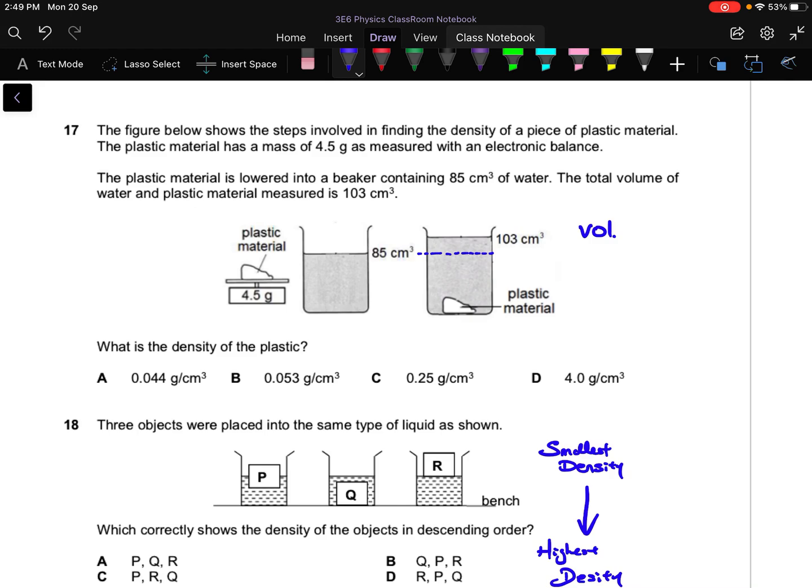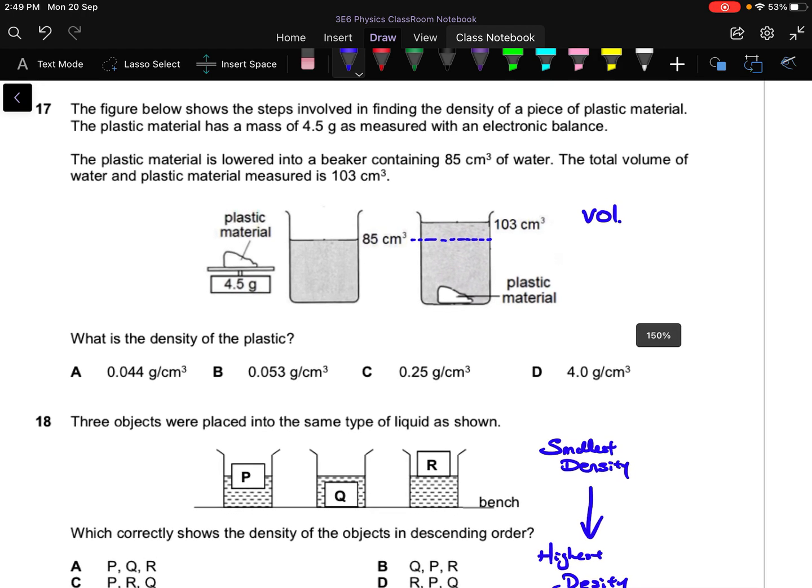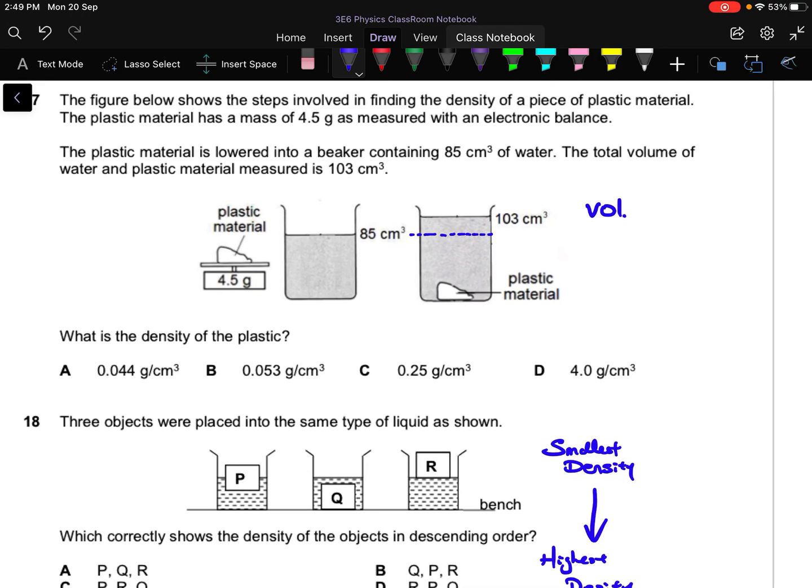For question number 17, it is quite straightforward. You are asked to calculate the density, so you should know that density is equal to mass over volume. For those of you who have a very small memory capacity, this is how I remember the formula: this is M and this is V. To find the M, you can find it directly over here.